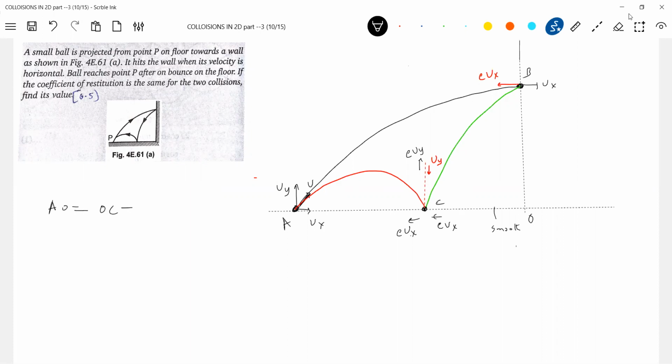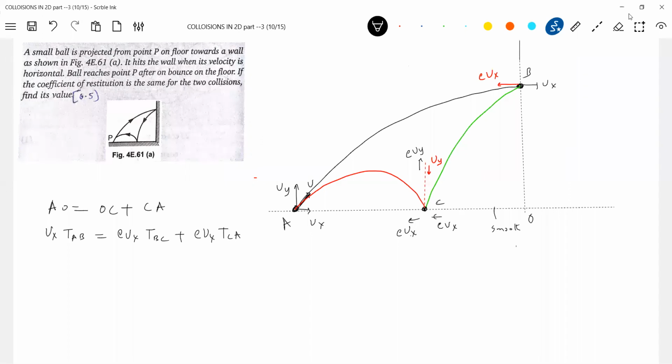What is AO? ux into the time taken to move from A to B. What is OC? OC should be equal to eux into the time taken to move from B to C. What is CA? CA is the horizontal component of velocity, eux, into the time taken to move from C to A.